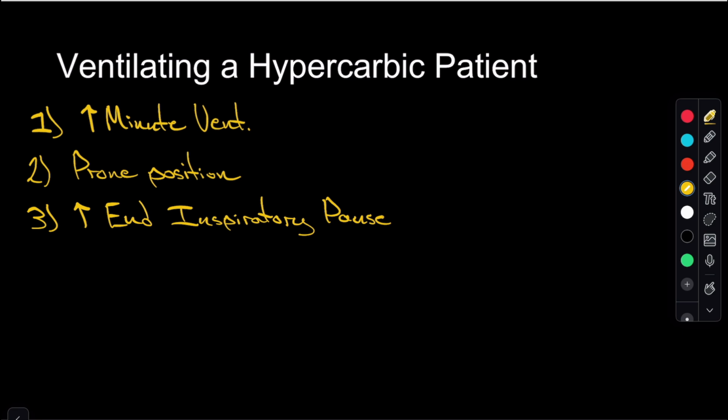So increasing the time you're holding your breath. The idea of doing that is when you hold that breath in there, that allows for more gas exchange to occur because there's more time where all of your alveoli are expanded and that you have gas within your lungs so that the carbon dioxide can exchange and then be blown out when you exhale. I hope this lecture helps you guys. Let me know if you guys have any questions.